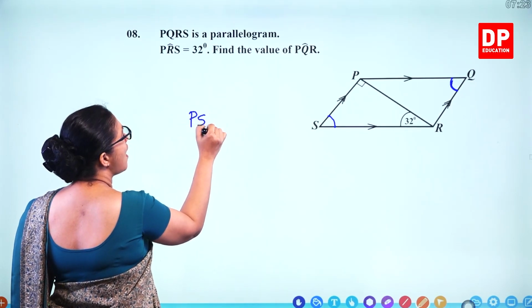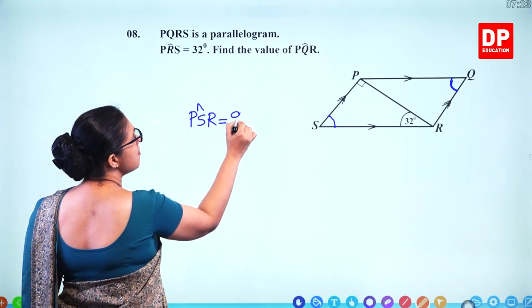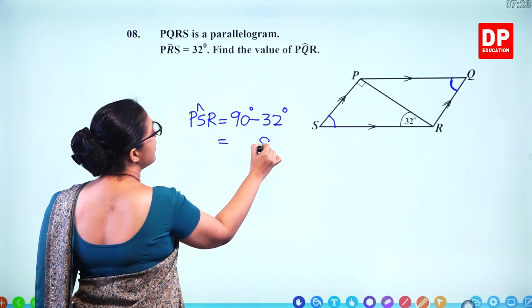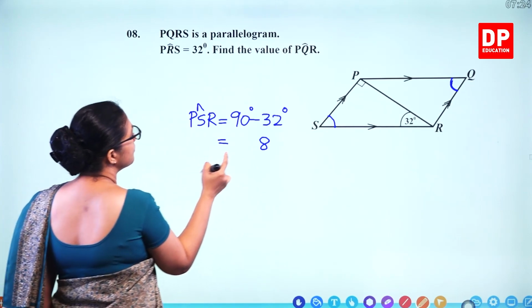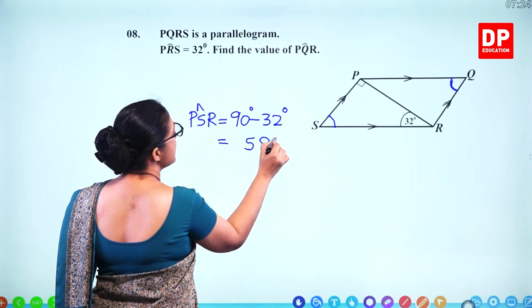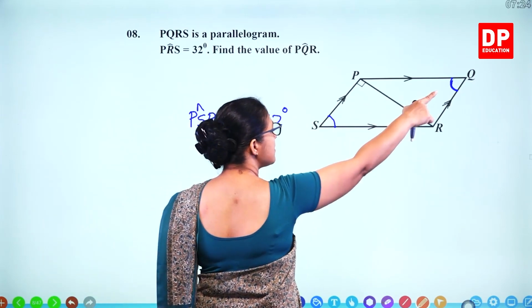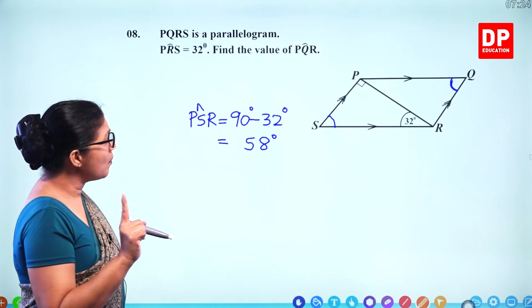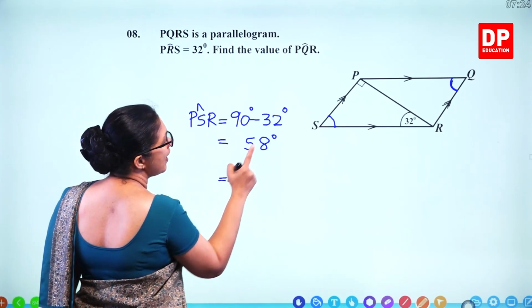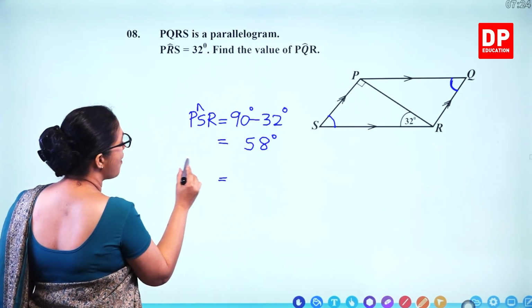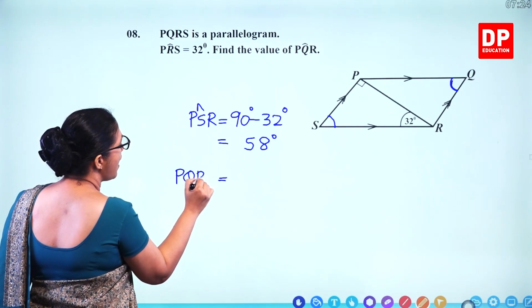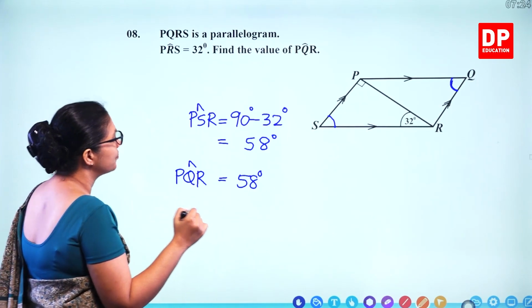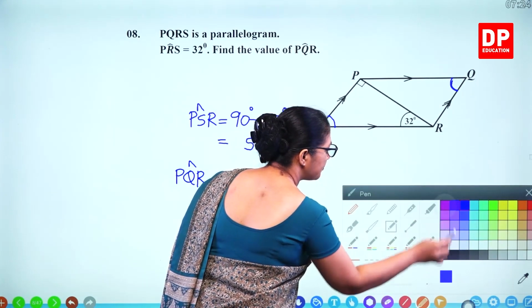So PSR is equal to 90 minus 32. What's the angle? 58. If this is 58, this is also 58. Opposite angles of a parallelogram are equal. So you can straight away write PQR angle is 58 degrees. So 2 marks for that.